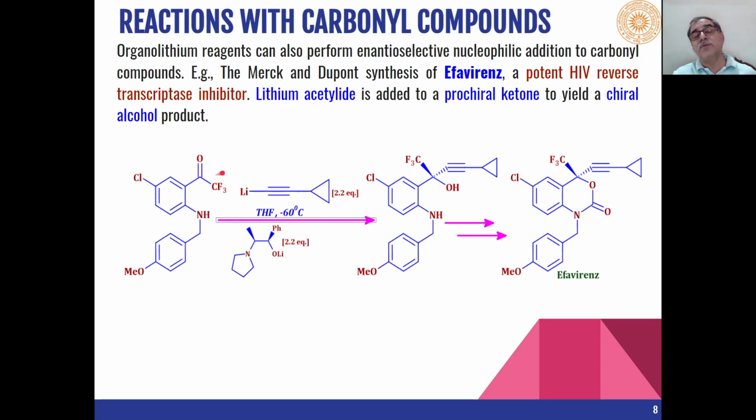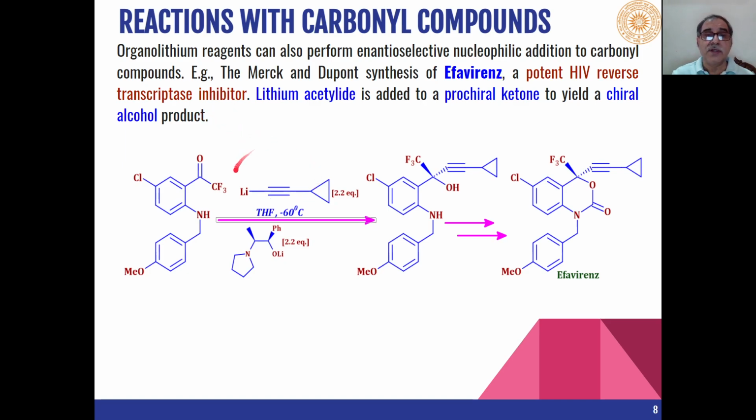This can lead to the formation of an alcohol, which can be enantioselective in nature, because two isomers of the alcohol can be formed. This reaction has been used in the synthesis of alpha-virenase, which is a potent HIV reverse transcriptase inhibitor.